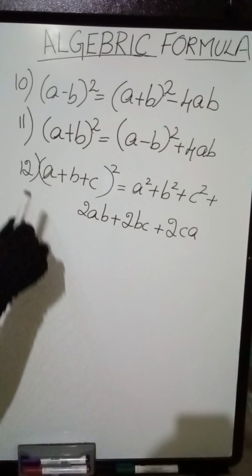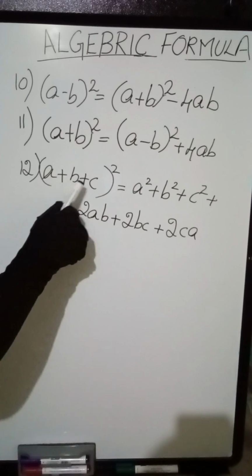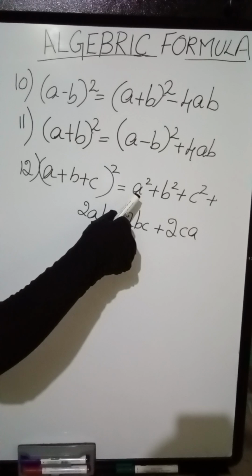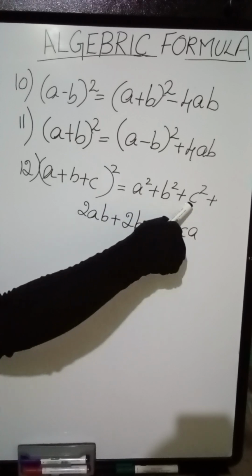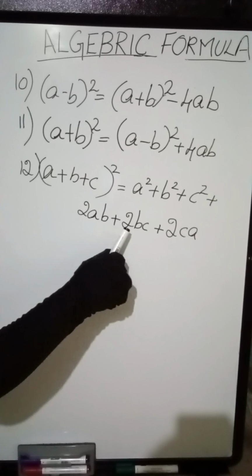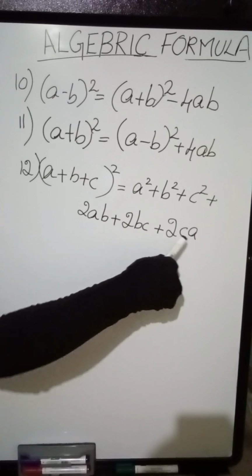So the 12th one, a plus b plus c the whole square, is equal to a square plus b square plus c square plus 2ab plus 2bc plus 2ca.